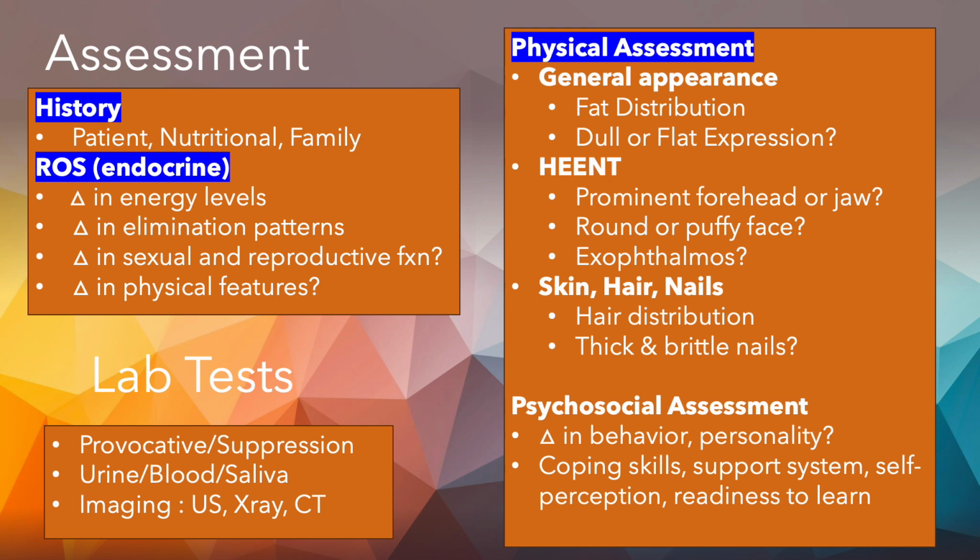And if we don't find those results, then that can tell us if they have this pathology or not. We can get a urine, blood, or saliva sample as well, and then imaging, ultrasound, x-ray, CTs. Some of those are mostly to see if there's any type of tumors that can cause overgrowth of certain hormones.